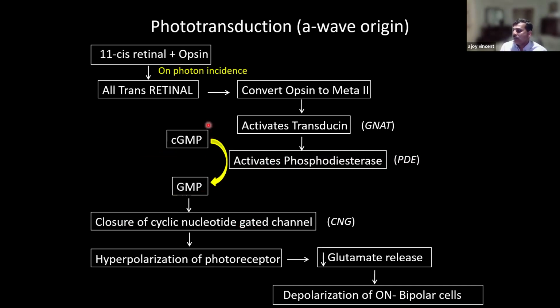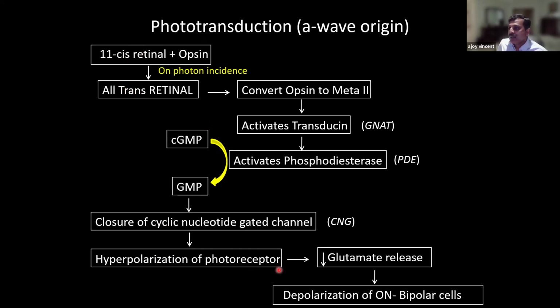Now, the A wave is essentially phototransduction, which in brief means the conversion of a light signal to an electric signal. This happens in the photoreceptor outer segment disc membrane through a series of enzyme reactions which lead to hyperpolarization of the photoreceptor.